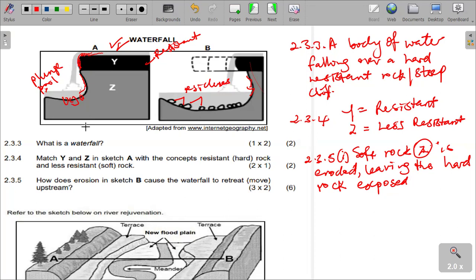As you can see, the soft rock erodes, and what happens there will create a plunge pool when this resistant rock falls.